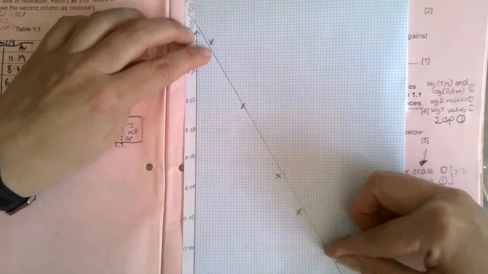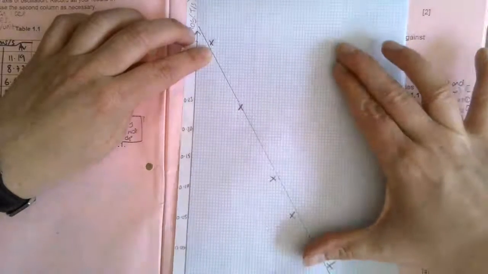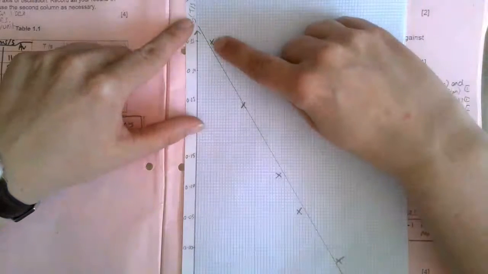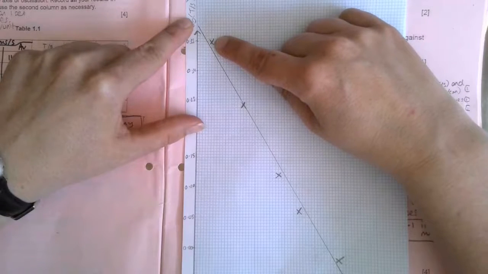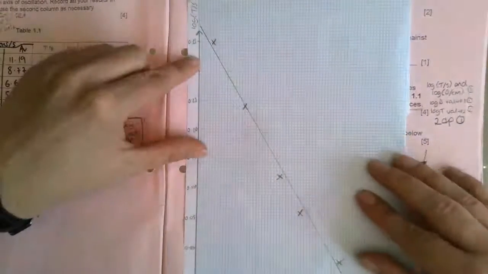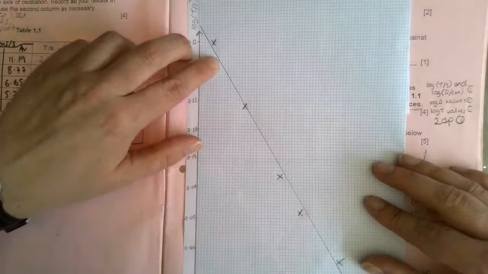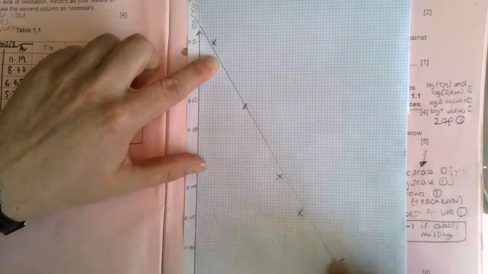Remember, the rule is that either your vertical or your horizontal has to be at least 5 centimeters. Don't necessarily pick points. Like if I had picked this point here, because it's not on my line of best fit, I would lose a mark. So don't try and pick points from your table. Pick points from your graph, like nice-ish ones. So that there I would maybe pick because it's a nice point. I don't even know if you'll be able to see that.